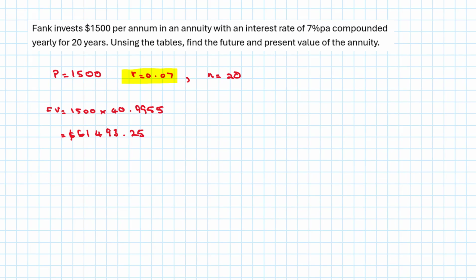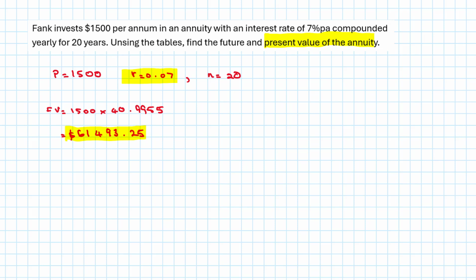Now, the second part of this question asks for the present value of the annuity. What this is asking is, if instead of $1,500 being placed into an annuity every year, what if we wanted to place a single lump sum at this moment in time, with the aim of having exactly the same amount at the end?